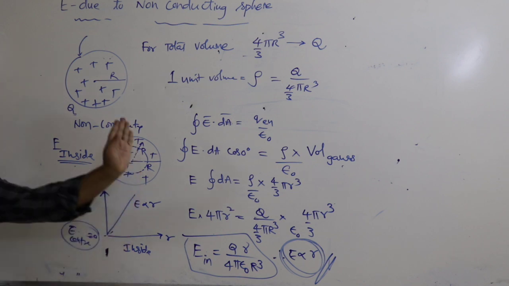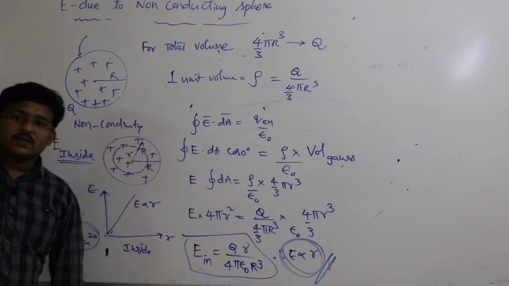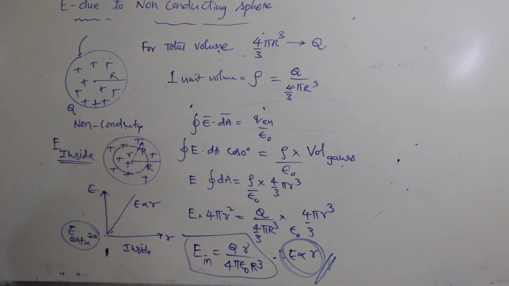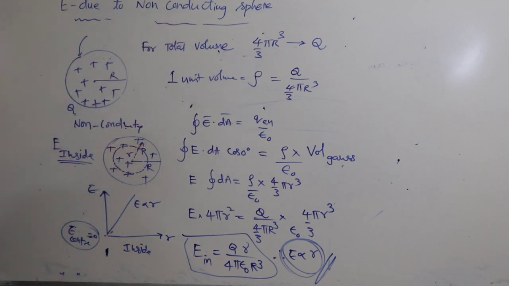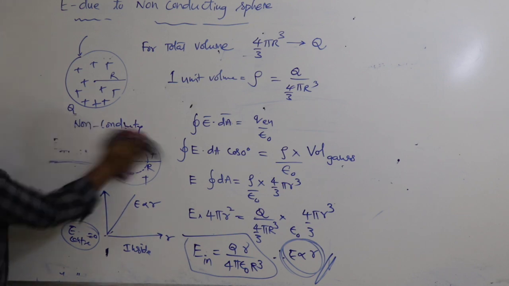And when you move away, the electric field also increases. So this is the way to find the electric field due to a non-conducting sphere at inside points, right? Now what is the field at an outside point?